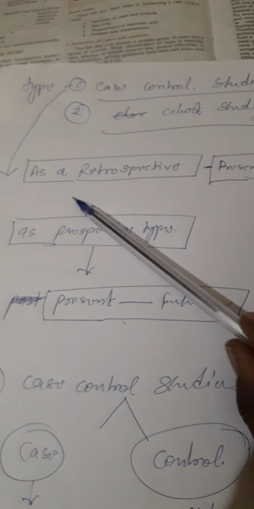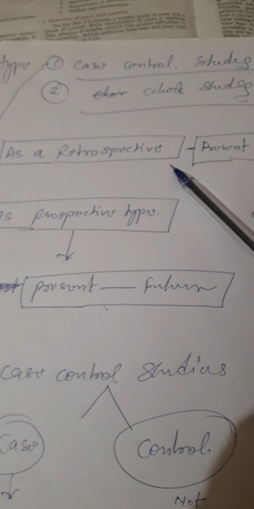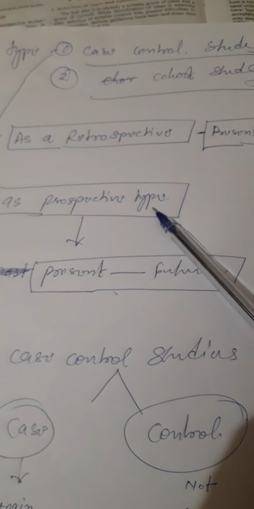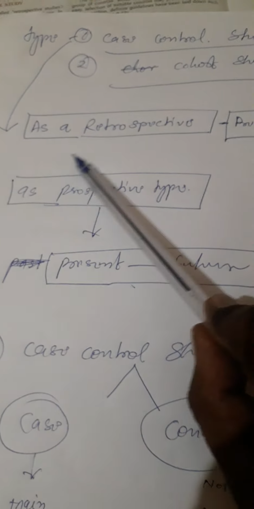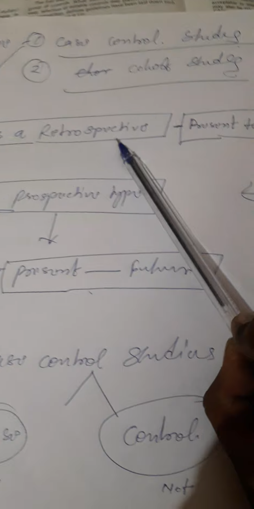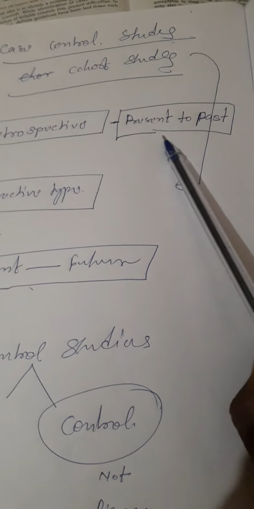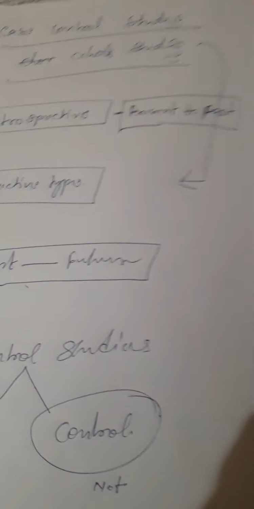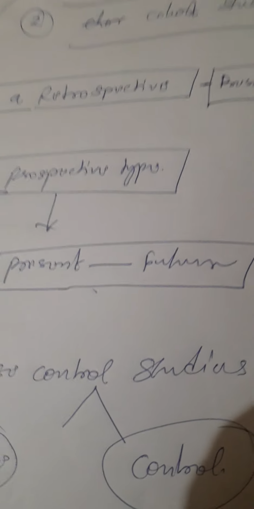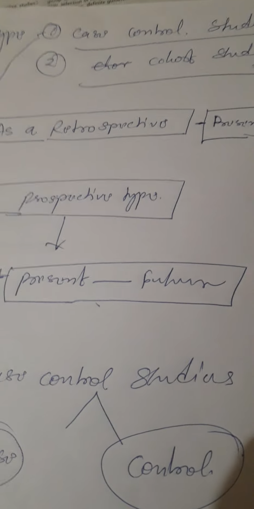We study either retrospectively or prospectively. Case control always represents the retrospective approach. Case control method means retrospective, that is, present to past. In the study we already have the diagnosis and the cause known.